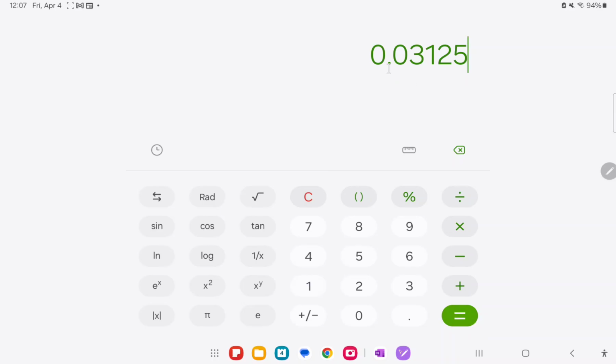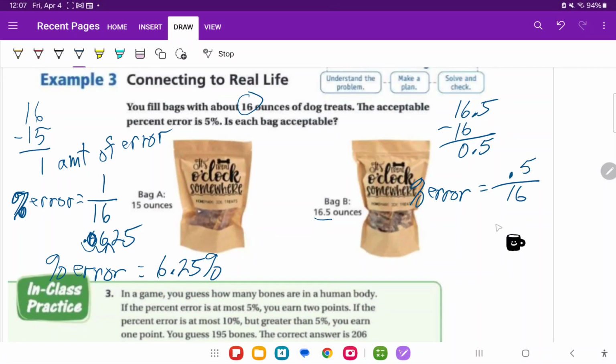And so that is 0.03125. So we're going to move the decimal 1, 2. So that's my new home for the decimal right there. So the percent of error is 3.125%.